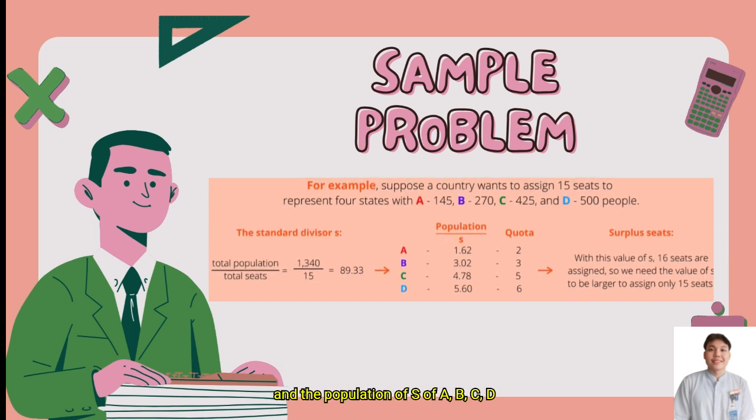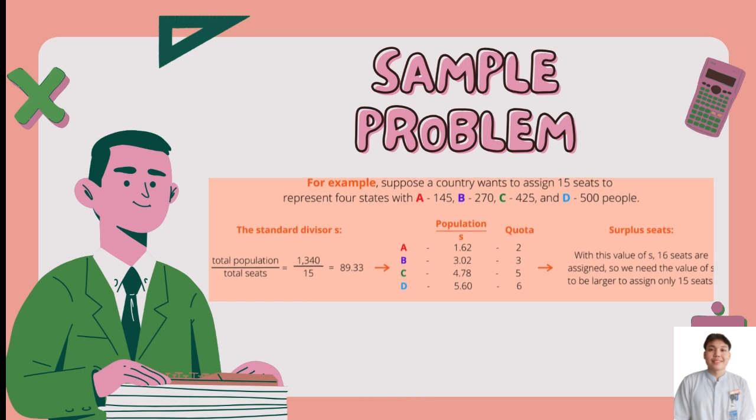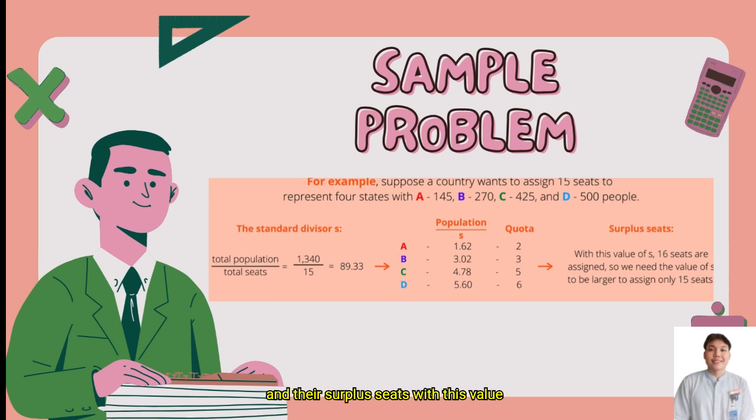And the populations over S for A, B, C, D are 0.8, 0.9, 2.4, and 5.9, with their quota and their surplus seats. With this value of S, 11 seats are assigned, so we need the value of S to be larger to assign only 10 seats.